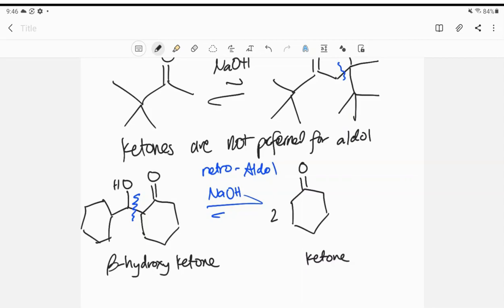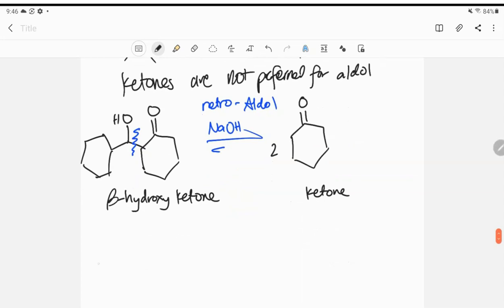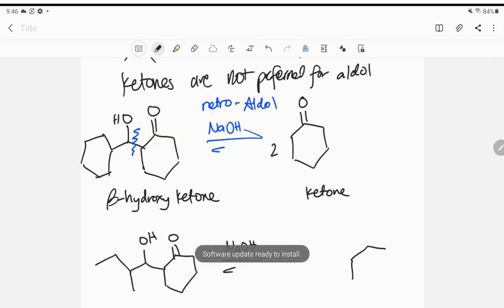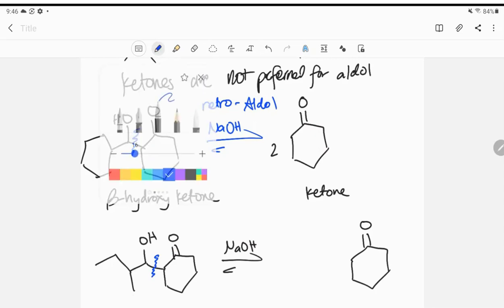And if this were asymmetrical, say we had something like this and we treated it with NaOH, we would end up with two different ketones. We would end up with that cyclohexanone. This is the bond that's formed, so we just have the rest of it. We have, what is it, 1, 2, 3, 4, 5 carbons.